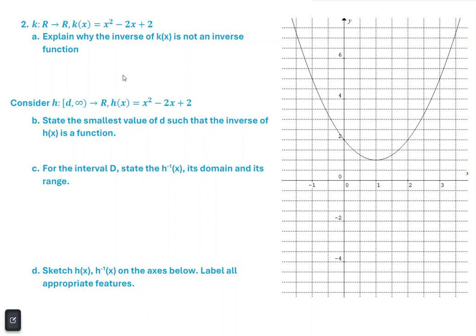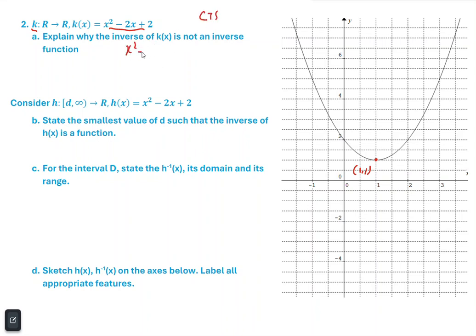So, question number 2 considers K, where K is this parabola, and it's been fully drawn for you there. It looks as if the turning point is at (1, 1), but I'll just double check by completing the square.